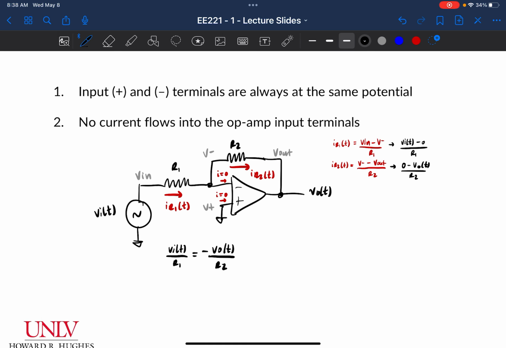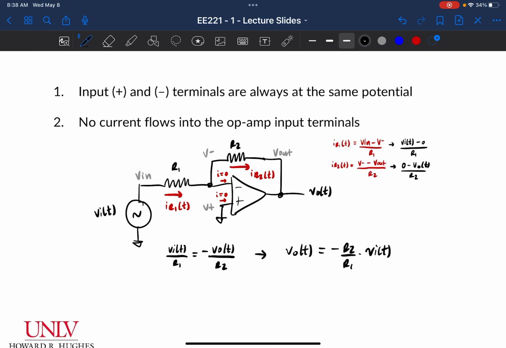And so if I wanted to solve this equation for V out of t, all I have to do is rearrange some terms, and I would get that V out of t is equal to minus R2 over R1 times V in of t.